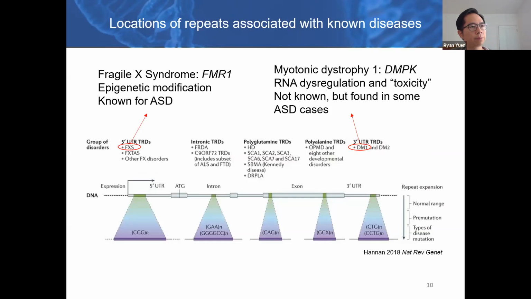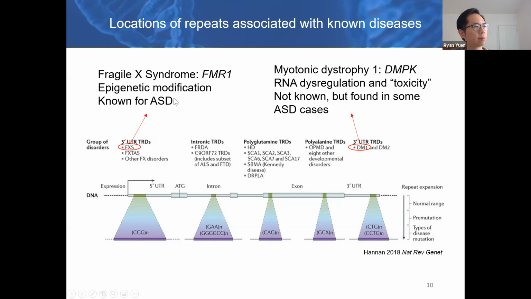Now, back to the known mechanisms or the known genes or loci involved in these repeats. This review was done in 2018, trying to characterize around 20 to 30 genes that we knew of back then, their regulation and characteristics. A prominent example would be FMR1, which I also mentioned earlier, one of the first genes known to be responsible for ASD.